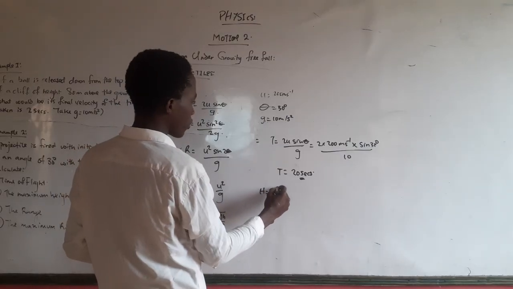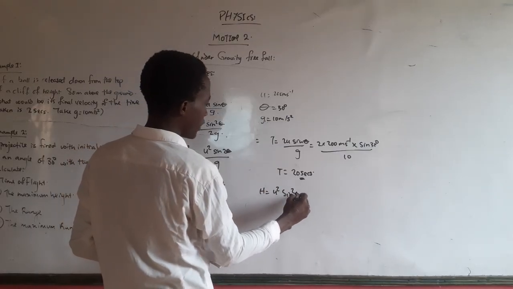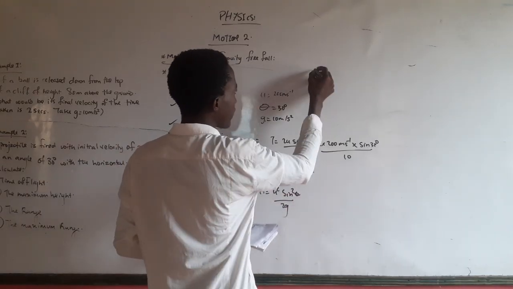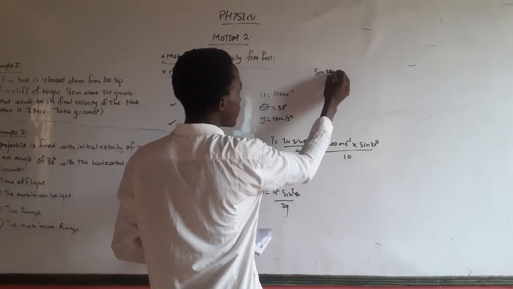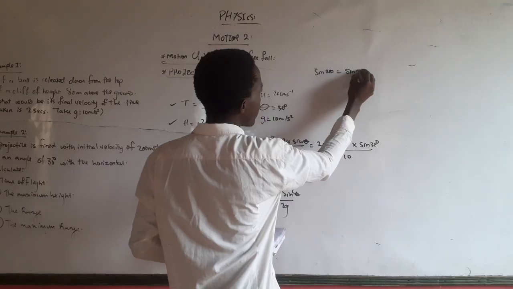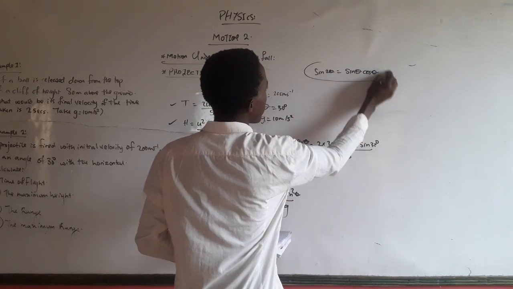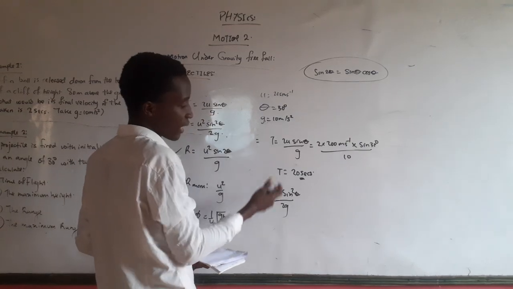H is u squared sine squared theta over 2g. Let us know that sine 2 theta is equal to 2 sine theta cos theta. You can have this in your mind, but I think it will not be necessary here.